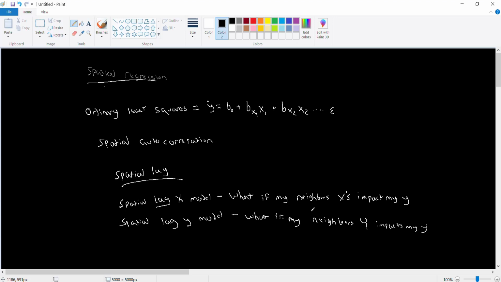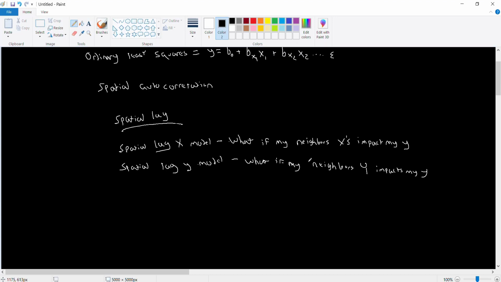One last point that I want to make here is that spatial regression is not about making predictions.